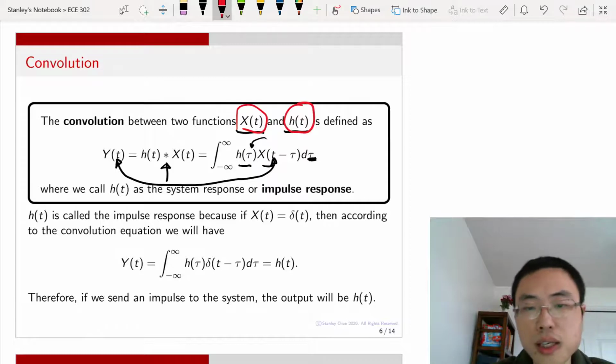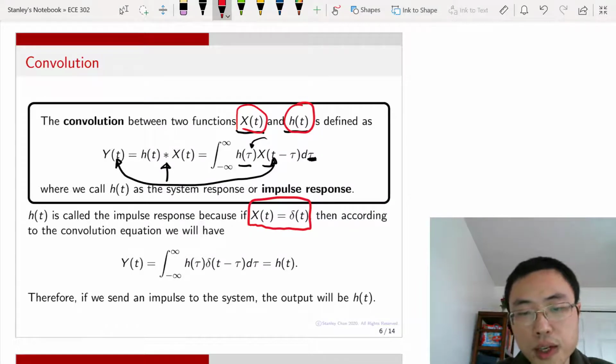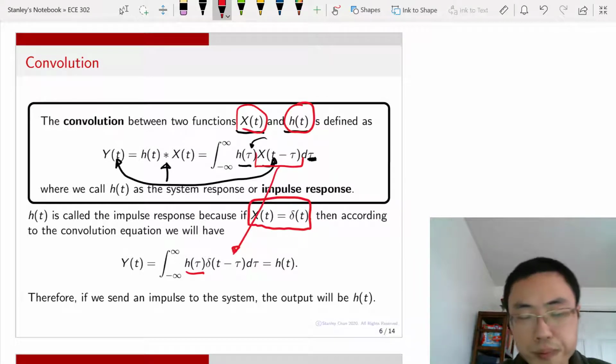The h is called the impulse response because if you send an input as an impulse, so if x(t) is the delta function, as you go through this convolution, what you will see is that you just do the integration, you keep the h(tau), but now this x(t minus tau) becomes delta(t minus tau).